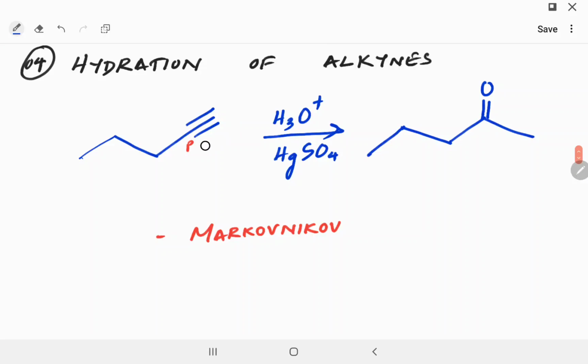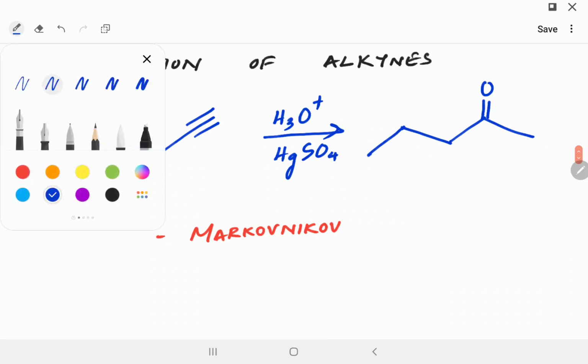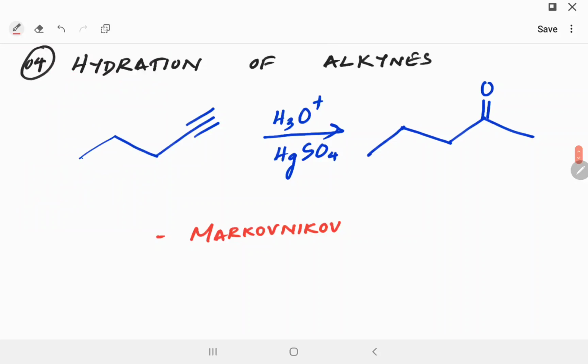It will be Markovnikov addition of water. For the people who tend to learn things graphically, the rich carbon will get the 2 hydrogens from water, and then the poor carbon will get the oxygen from water. This is how it happens.